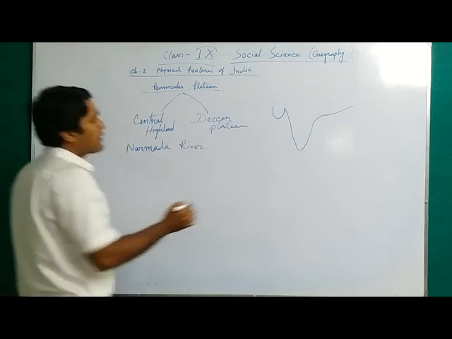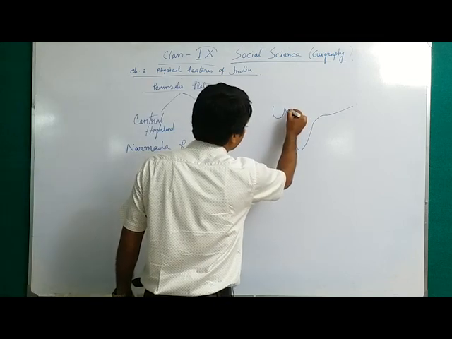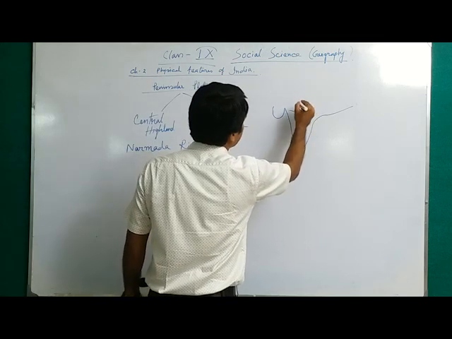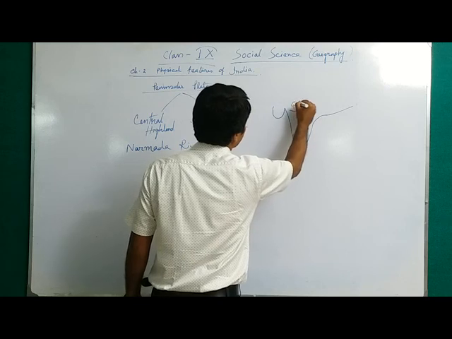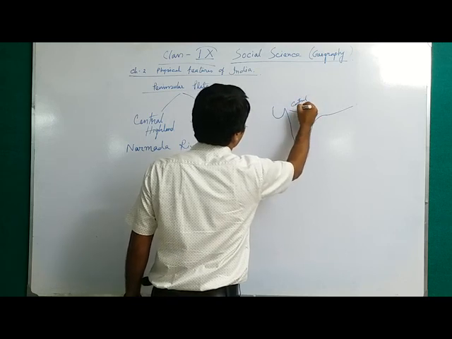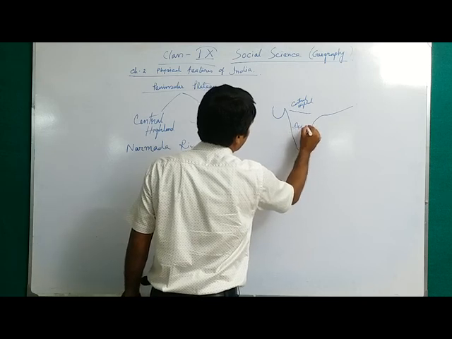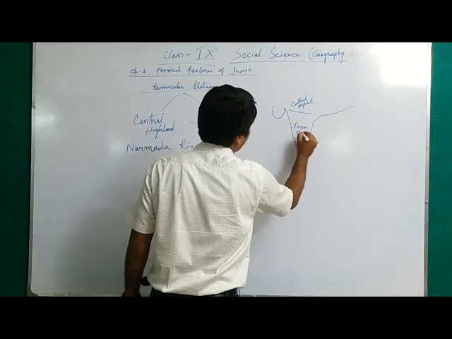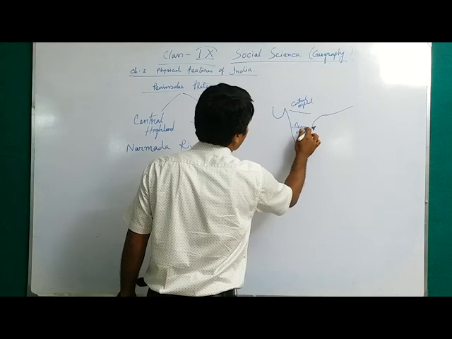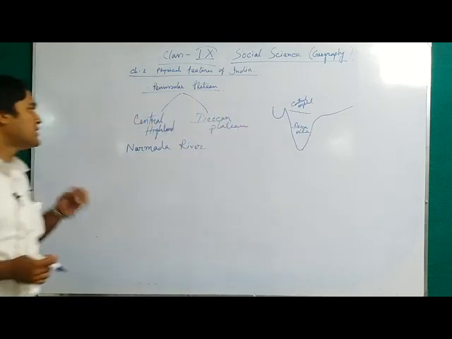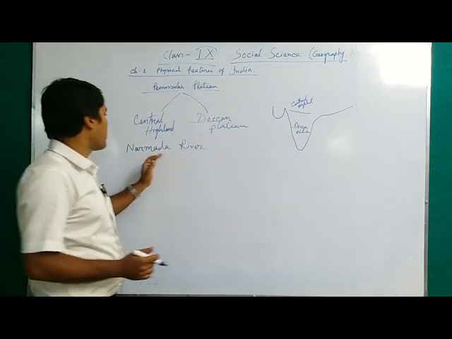So the Narmada River separates this, the Central Highland, and this, the Deccan Plateau.